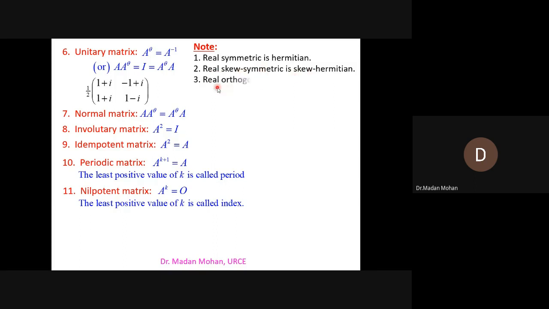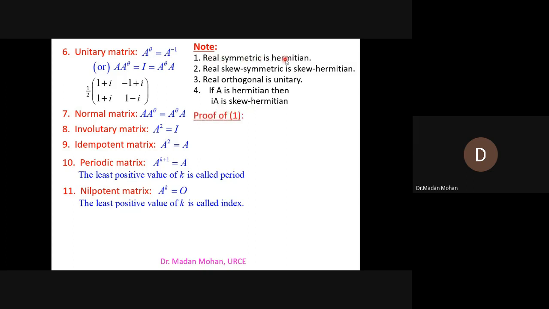Similarly, real orthogonal is unitary. Now, if A is a Hermitian matrix, then i·A is skew Hermitian. Let me give the proof of this one.